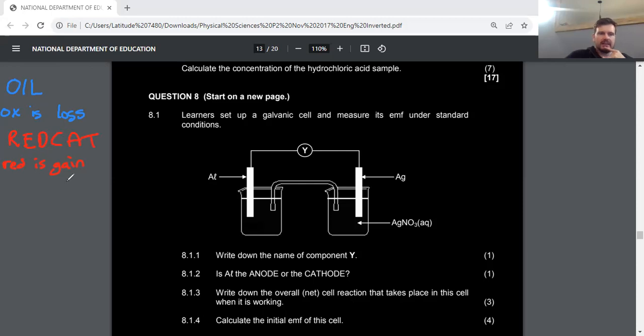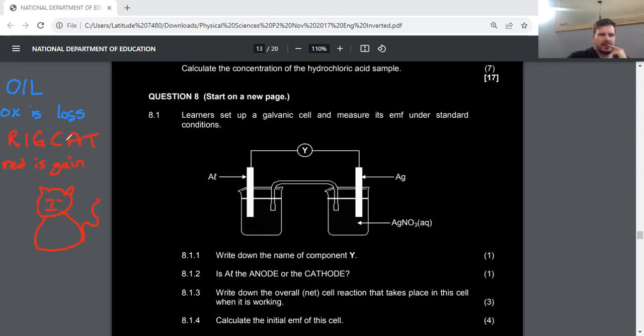Reduction takes place at the cathode. Red cat. So it's actually following on. Oil rig is oxidation is loss, reduction is gain.